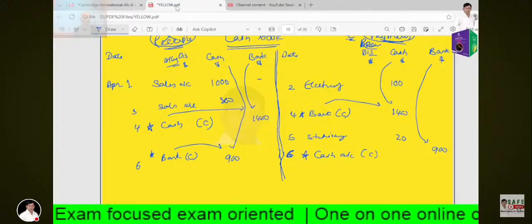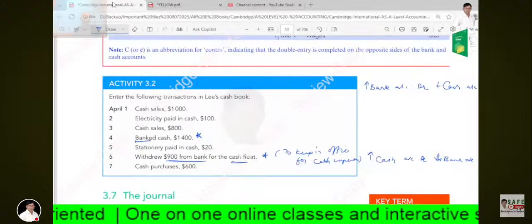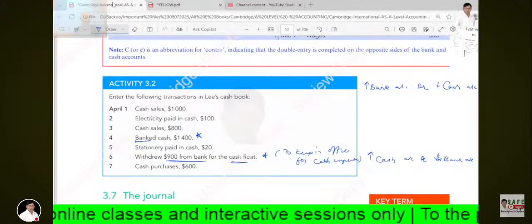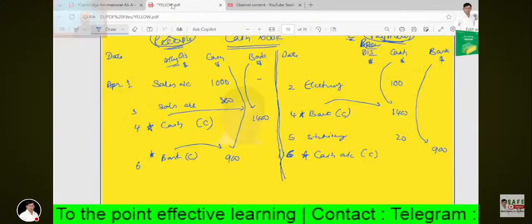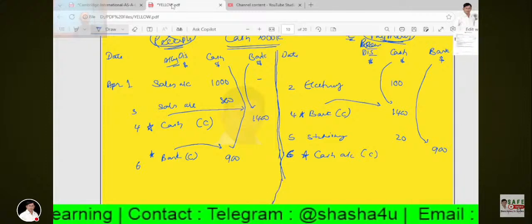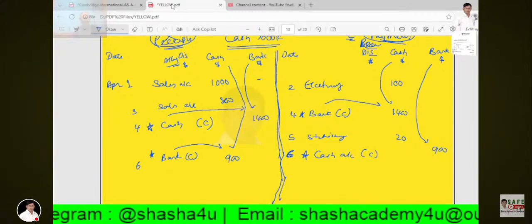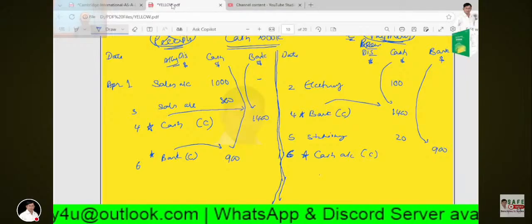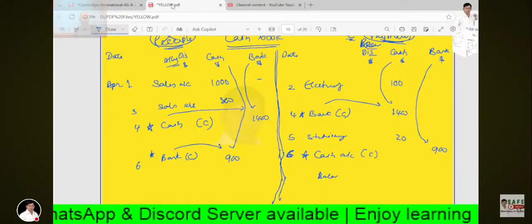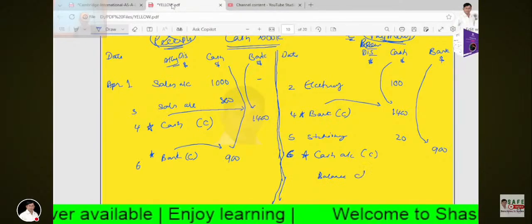So this is the end. They are not asked to balance. If you want to balance, how do you balance? You add here. We total here. Whatever balance is there, balance done.